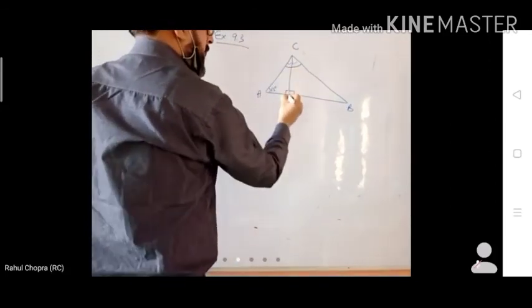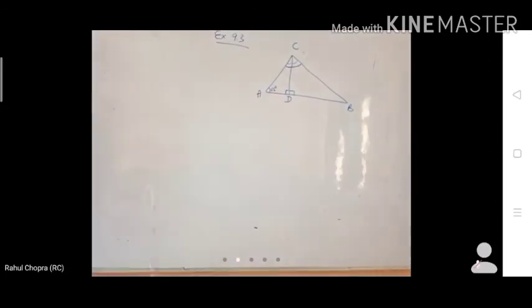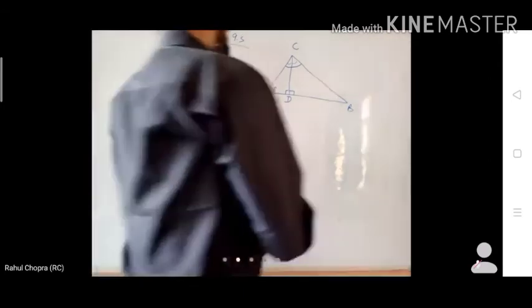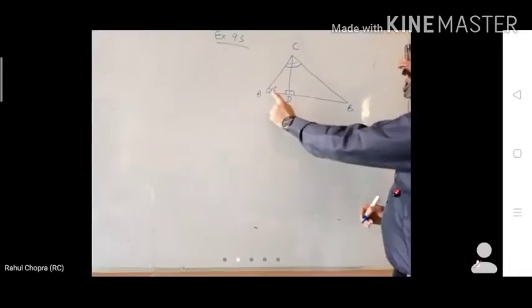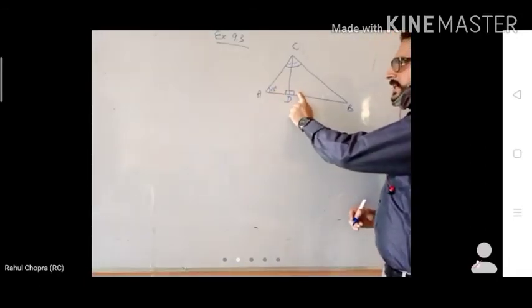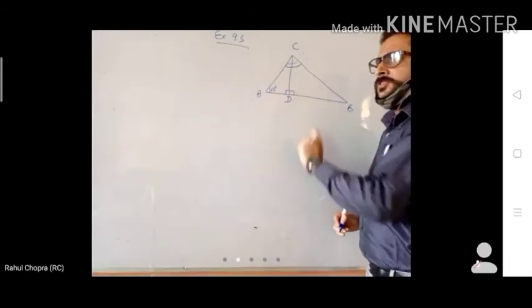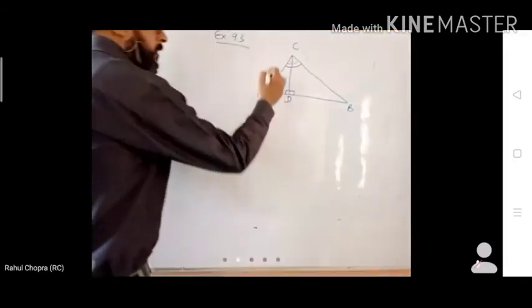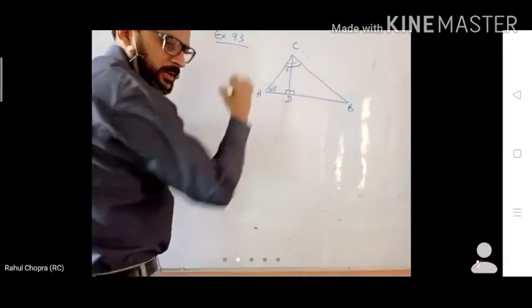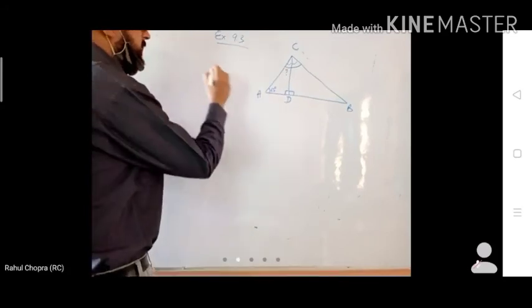In triangle ACD, just wait. ये 65 डिग्री दिया हुआ है, ये परपेंडिकुलर है. It means this angle is 90 and this angle is also 90. You have to find this angle. In the first part, you have to find angle ACD.